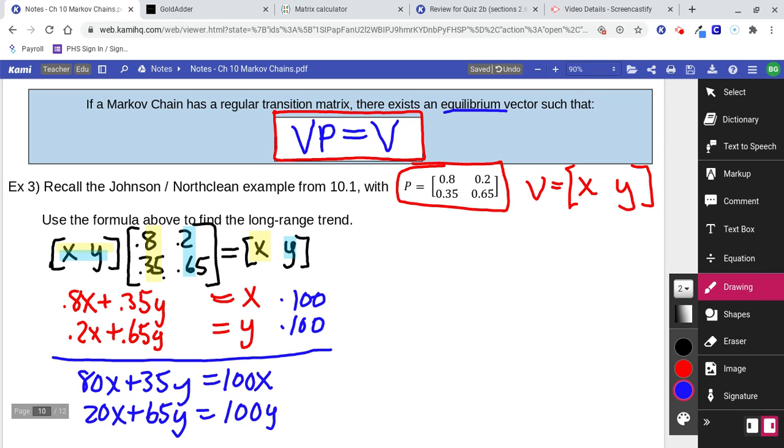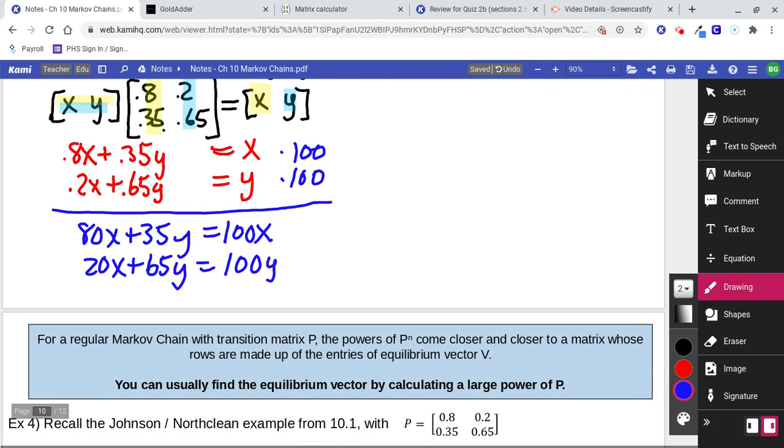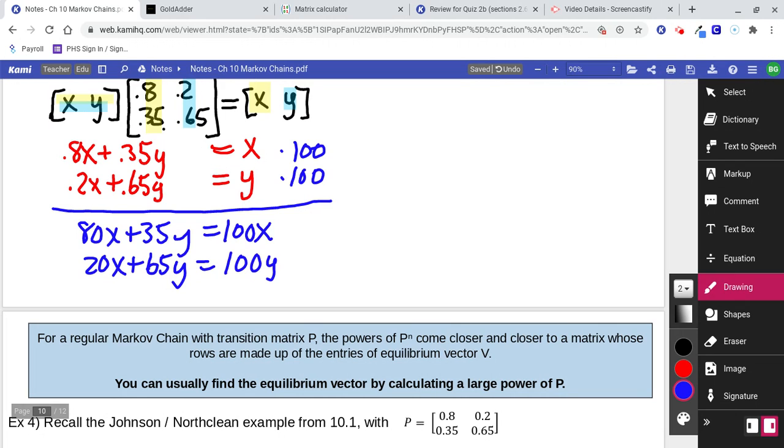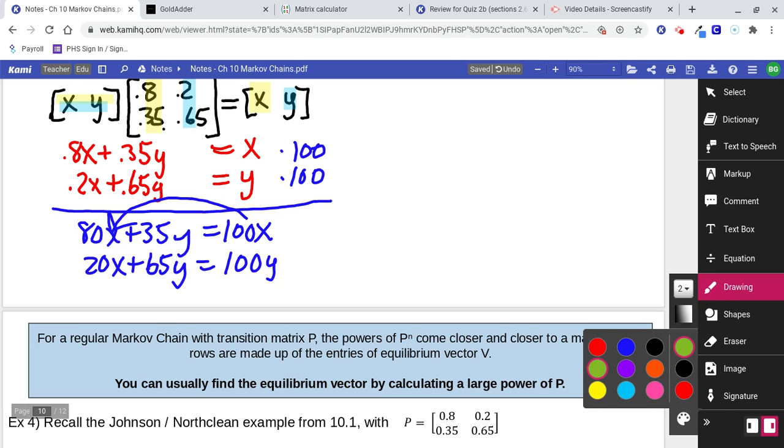The main reason I wanted to do that is because it's easier for your brain to follow, okay? I think you can probably see what I'm getting ready to do next, which is subtract the 100x over to get it in standard form. 80 minus 100 is negative 20.